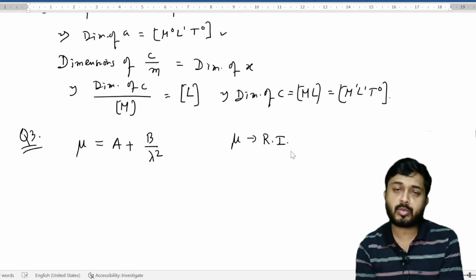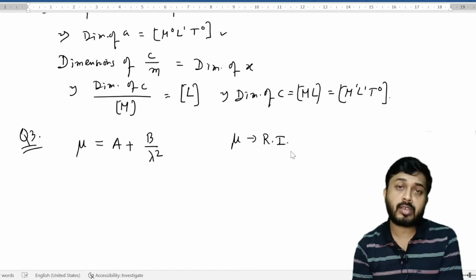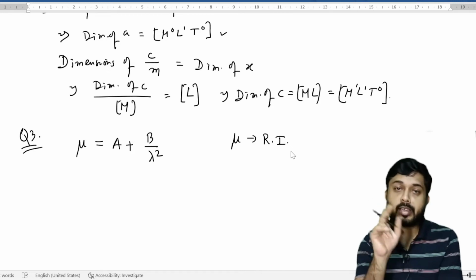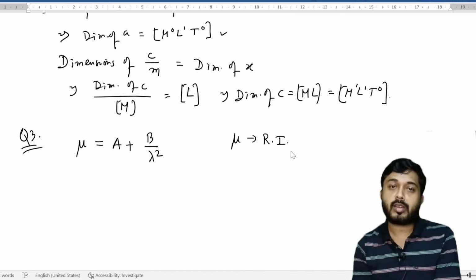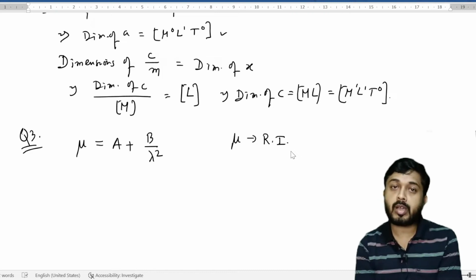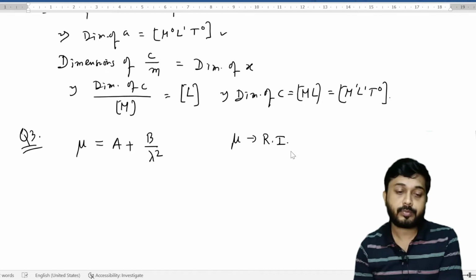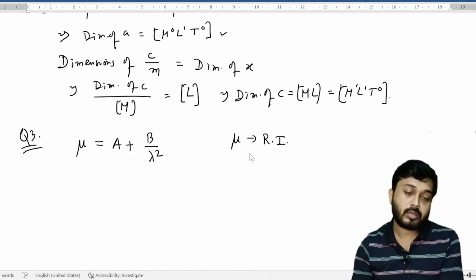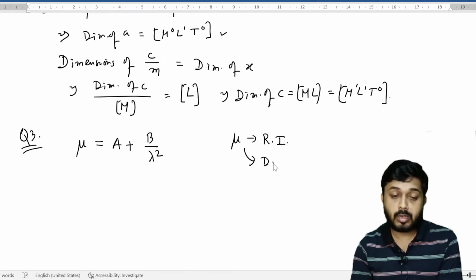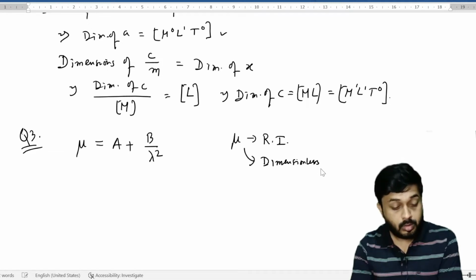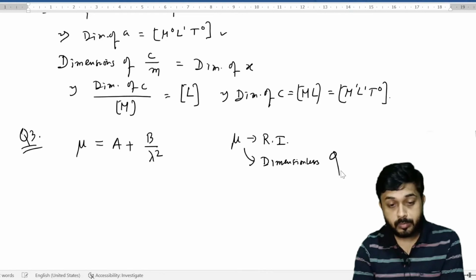Some dimensionless quantities I have mentioned there, like refractive index, like specific gravity, like strain, change in length per unit length. I told you in the very first video. If you haven't yet watched the video, make sure to watch the first video. Dimensionless quantity.